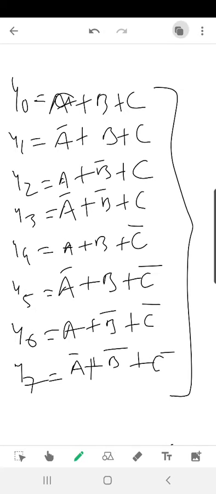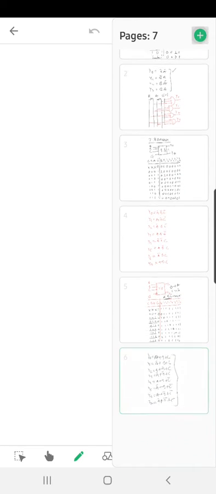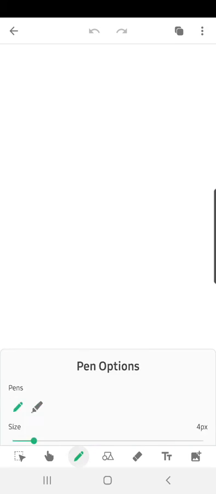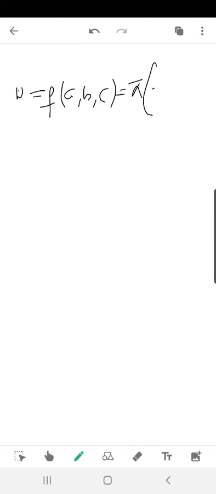To implement a function using the active low decoder, let us assume we have a question where we need to implement a function W. W is a function in terms of a, b and c, and it is given that W of abc is equal to pi of 1, 2, 5, 7.